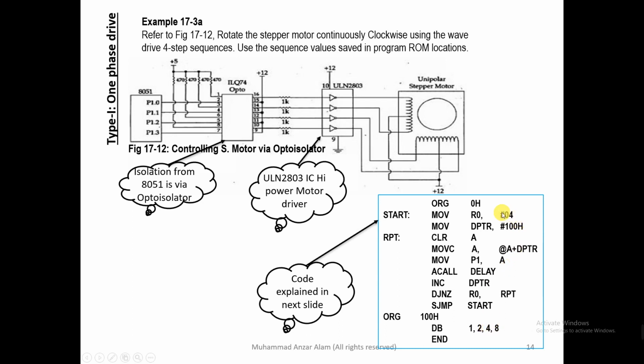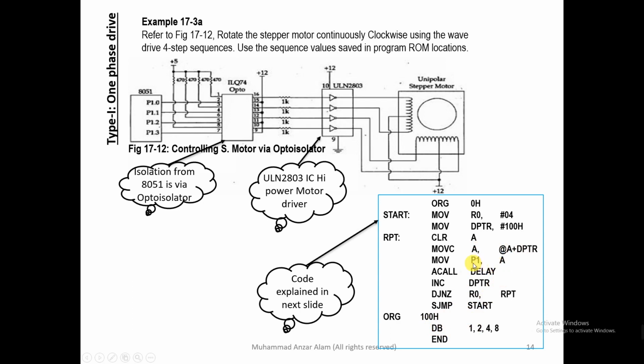So we need a counter which will count up to 4 times, and the data pointer is pointing towards this defined byte database. Then we clear the accumulator, and the data pointer is at 100, so 100 plus 0 moves to the accumulator. The accumulator will have the value at location 100, that is 1.